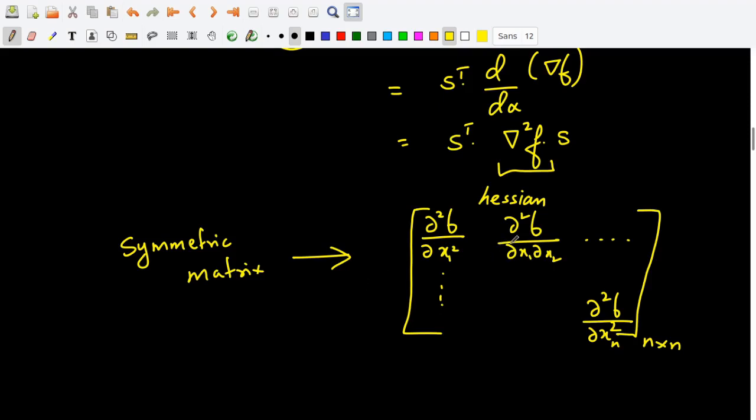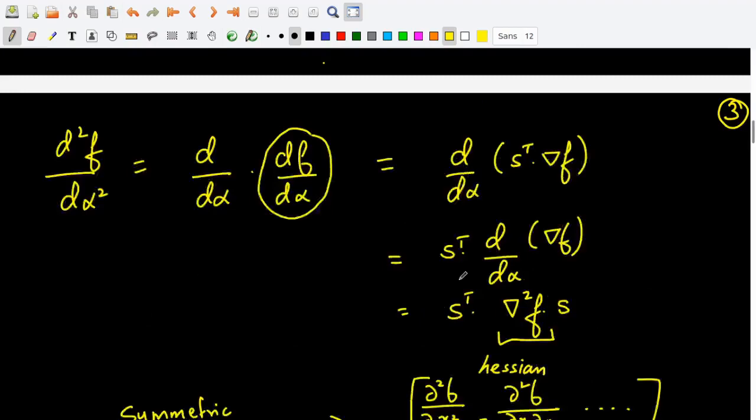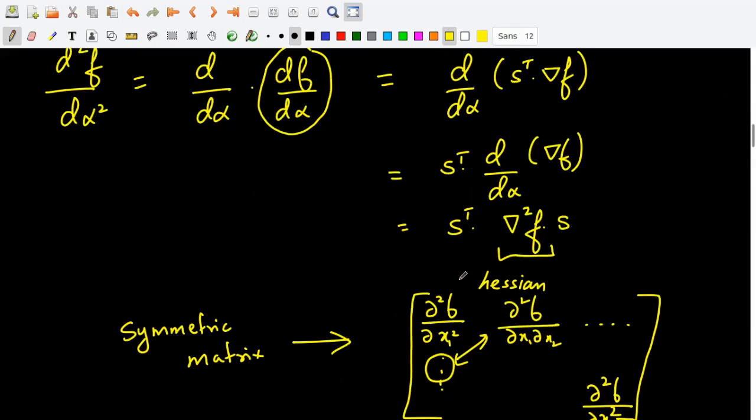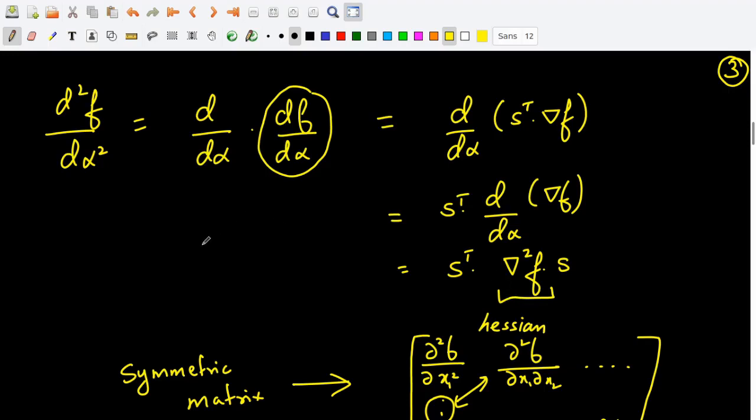So this term is the same as this term. Only the order of differentiation changes, and that doesn't lead to any different values. These two values will be the same. This value of double derivative with respect to alpha is called the curvature of f along direction s.